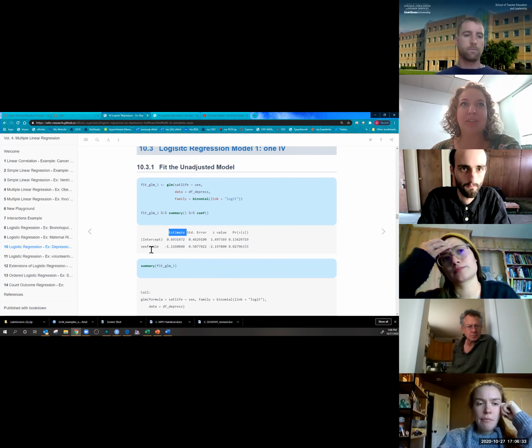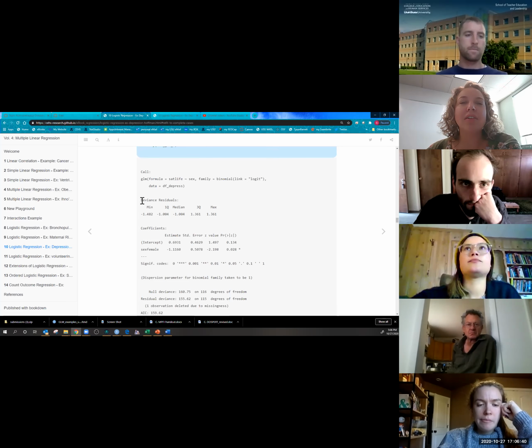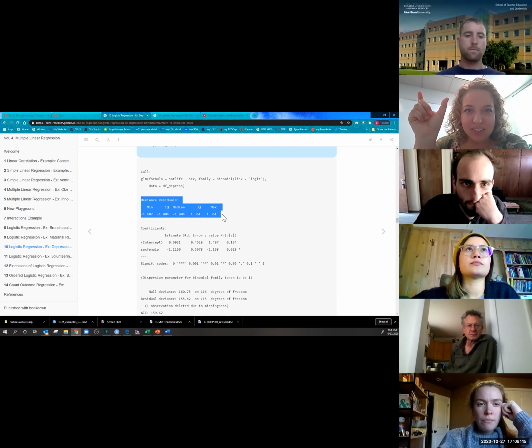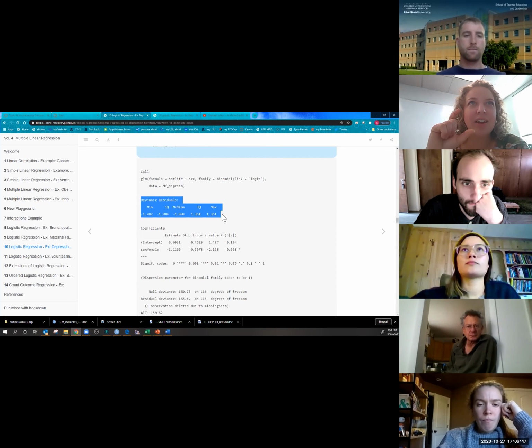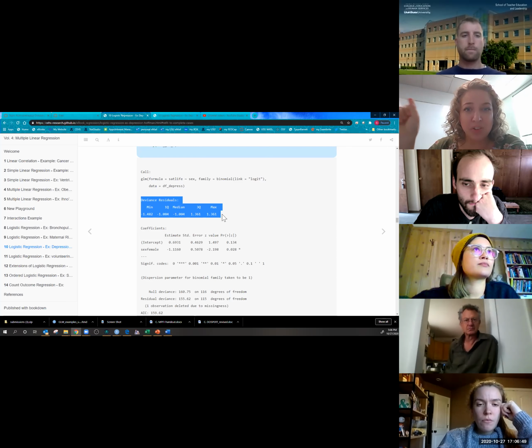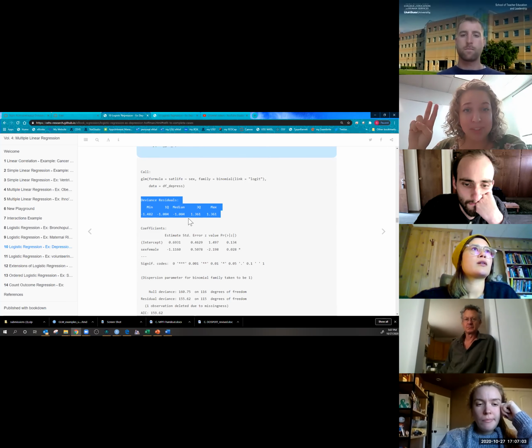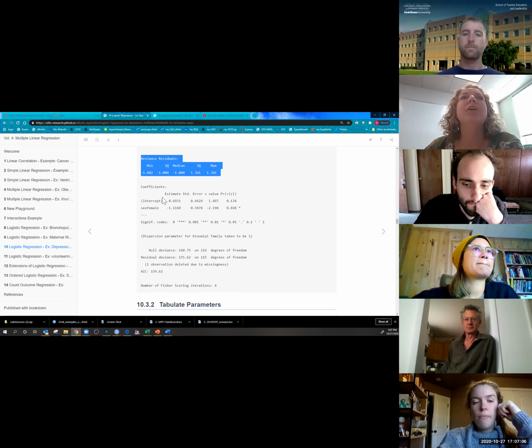You can ask for the summary of the model to get a whole bunch more stuff. One thing I want to point out, these deviance residuals. Notice that the smallest of the deviance residuals was a negative 1.4 and the highest is a 1.3. These should be normally distributed, so you would expect to see them going probably more from negative 2 or 3 to positive 2 or 3. So these are a little not quite the full range we'd expect if they were normally distributed, but we'll leave it at that.